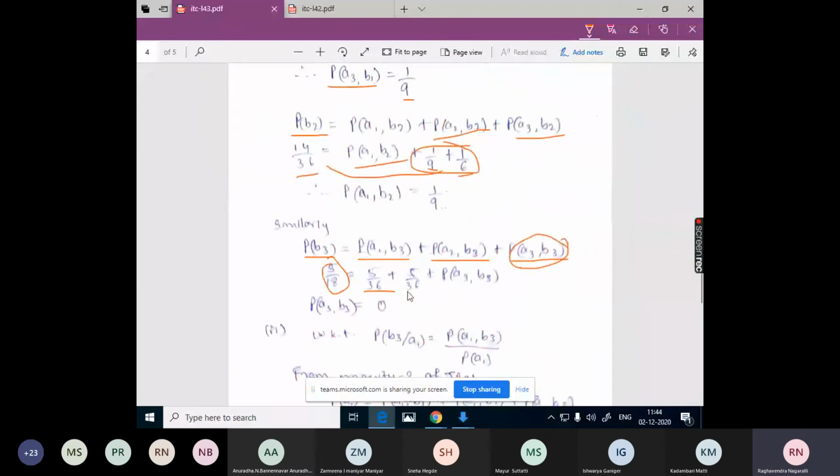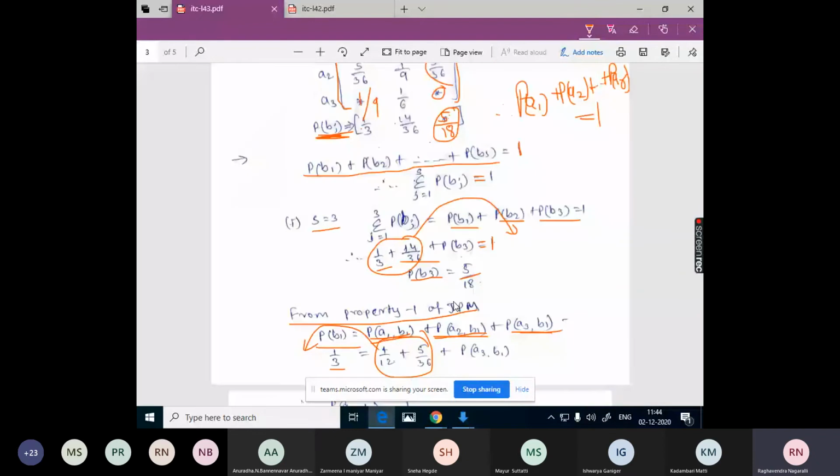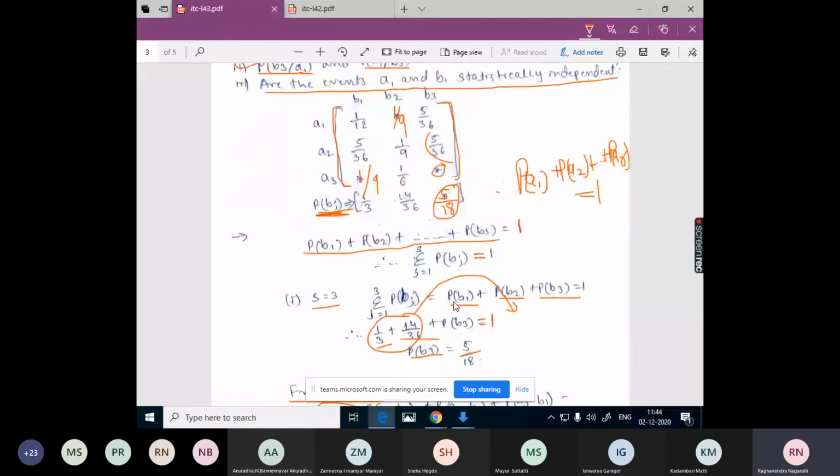So this is the only unknown term. We can calculate that easily. Add these two and send this to the left hand side. So the result gives A3 comma B3, which is equal to 0. So 0 is the answer here, and we can fill that in.